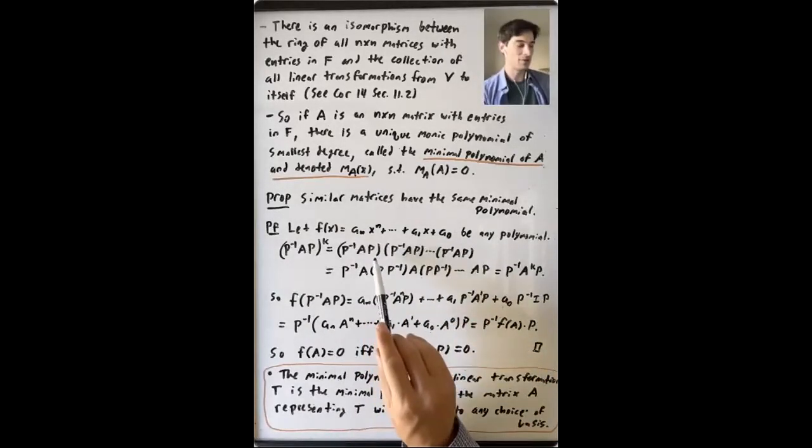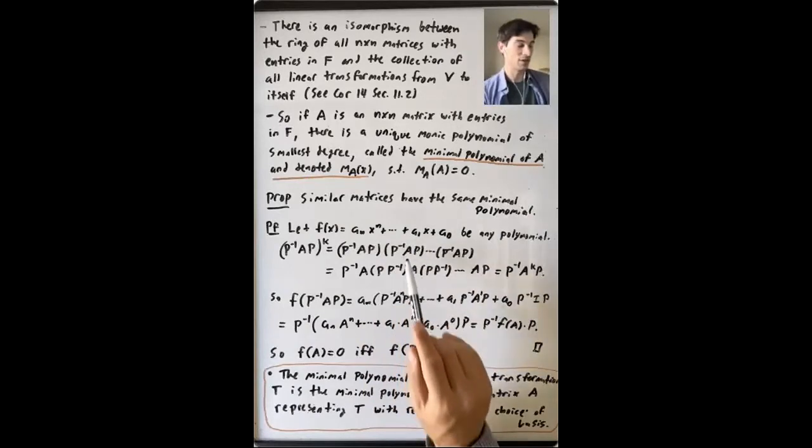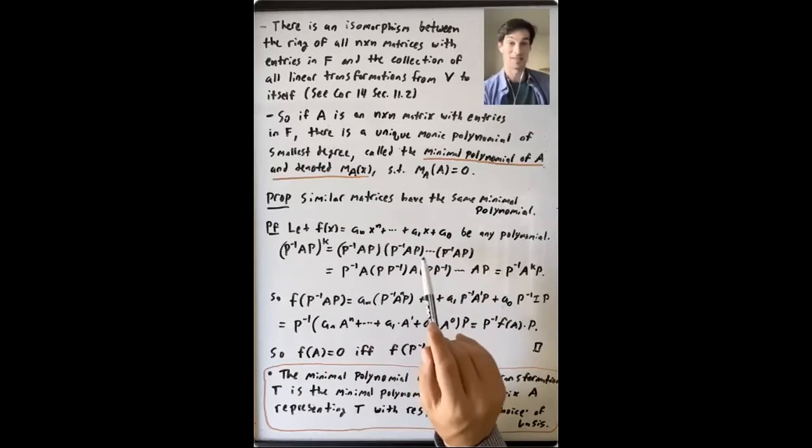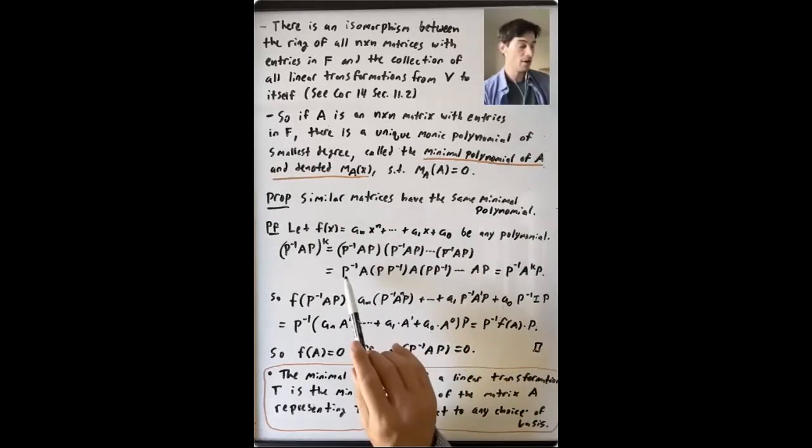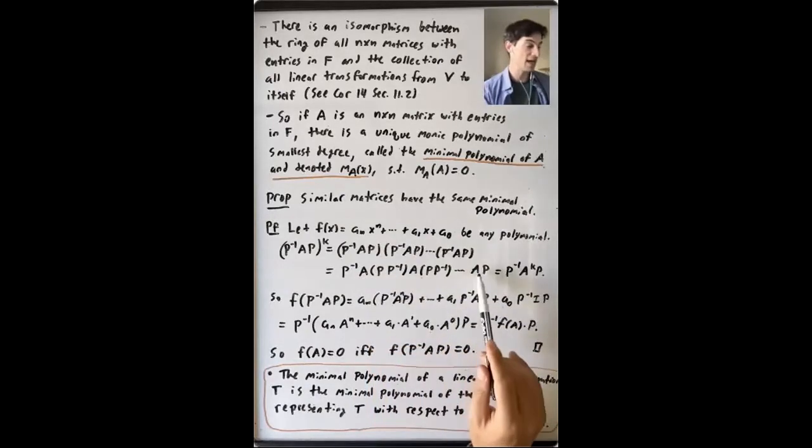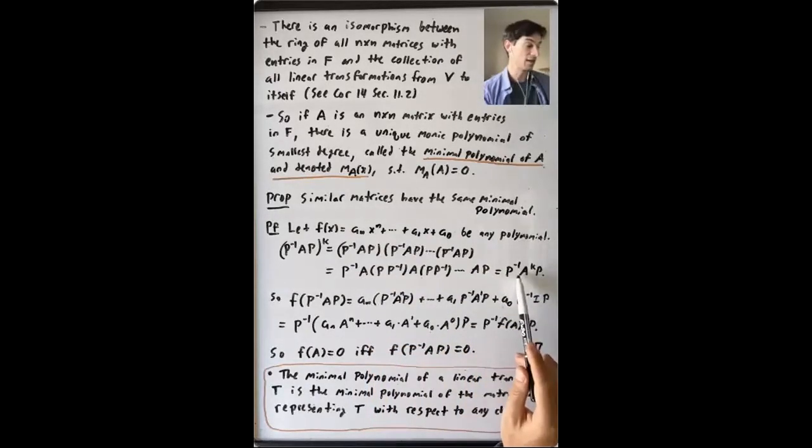Now we can use associativity to group the parentheses. P inverse A, times P inverse P, which is the identity, times A, times P inverse P, times A, and so on. All those P inverses are going to cancel out. We get a P inverse, then k A's in a row, then a P at the end. We get P inverse A to the k P.